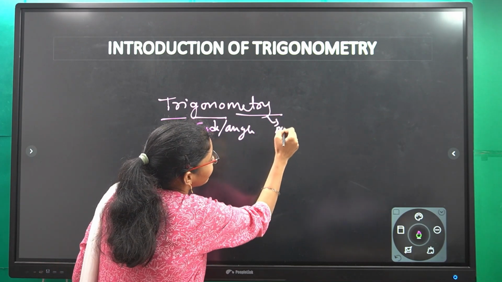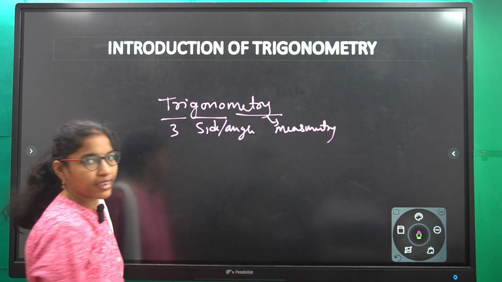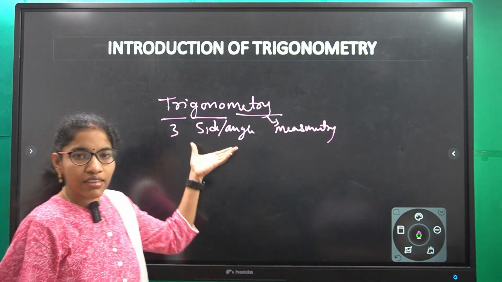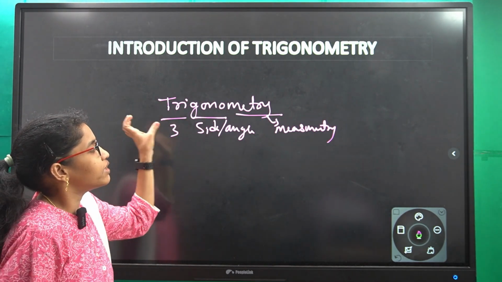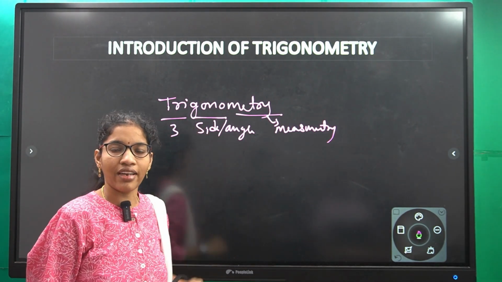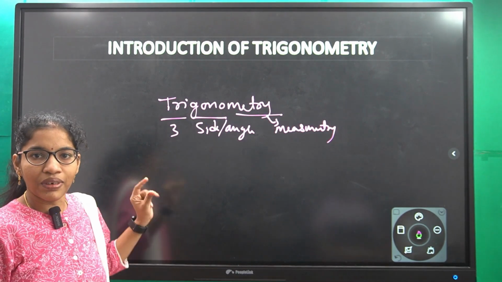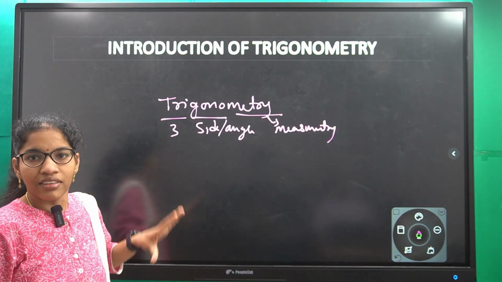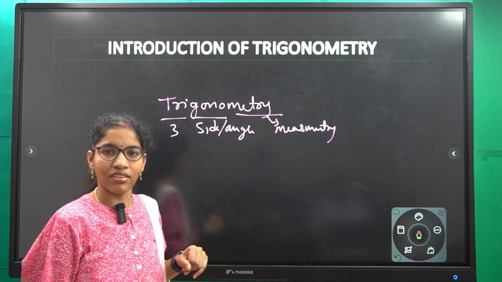Metry is nothing but measurement. Three angle or three side measurement means it's a triangle only. So the measurement of the triangle, either sides or angles, you can call trigonometry. That means trigonometry is the science which deals with the measurement of triangles, right?